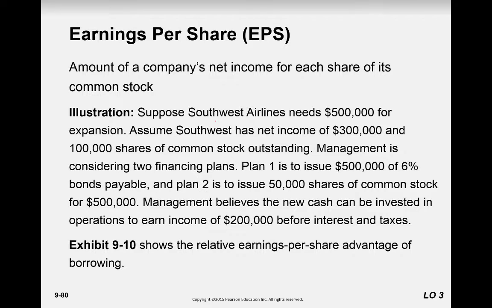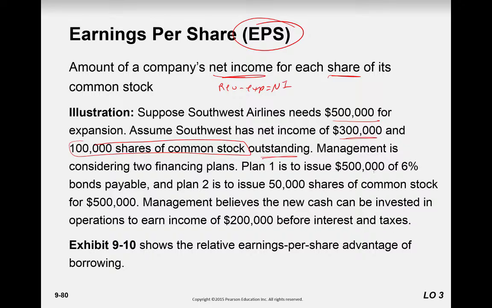So earnings per share is the amount of company's net income, remember revenues minus expenses equals net income, for each share of common stock. So if we have this information that Southwest needs $500,000 for an expansion and they have net income of $300,000 and 100 shares of common stock outstanding, we're considering two financing plans.